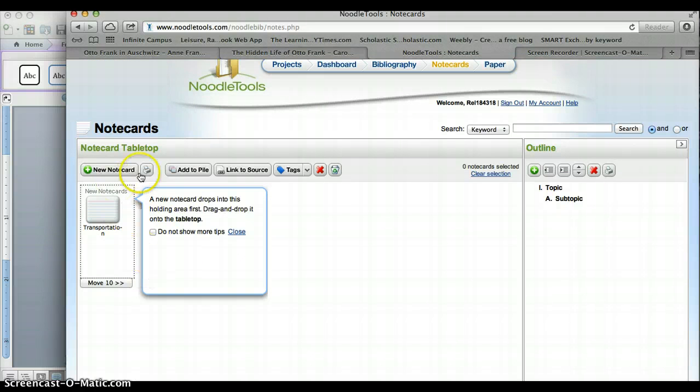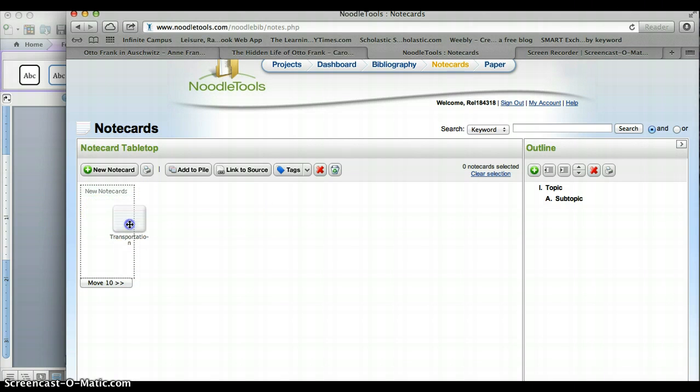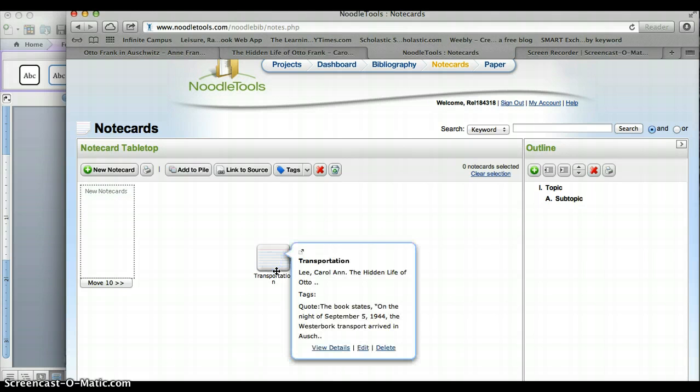This takes my note card into this box here. Okay, it's a holding area, and to make sure that it's saved, you need to go ahead and drag it into this white space. Great. And now that's where your note card will be. I will be able to view your note cards, check your note cards, and then you can re-access them.